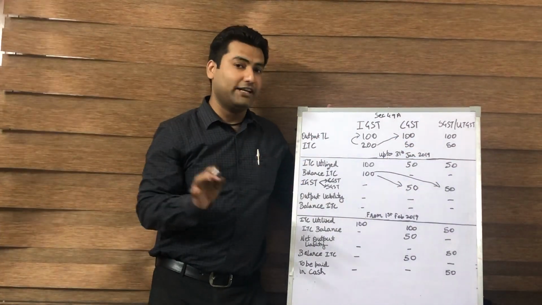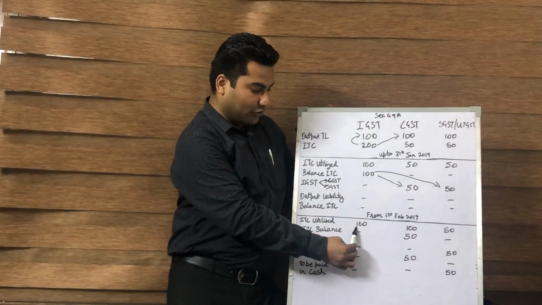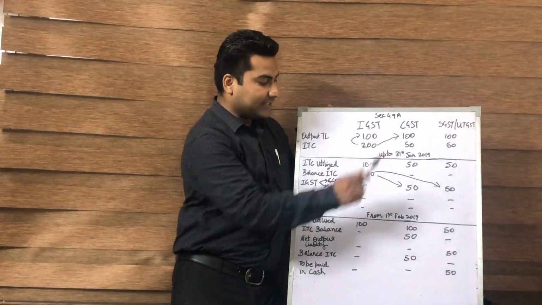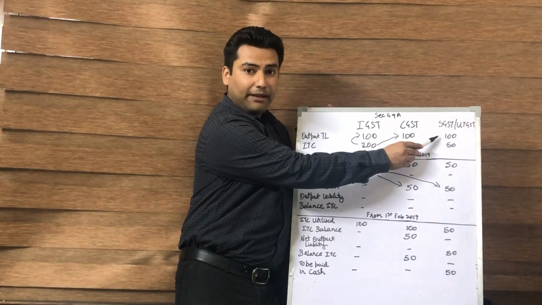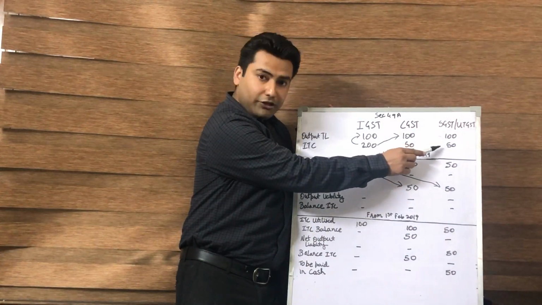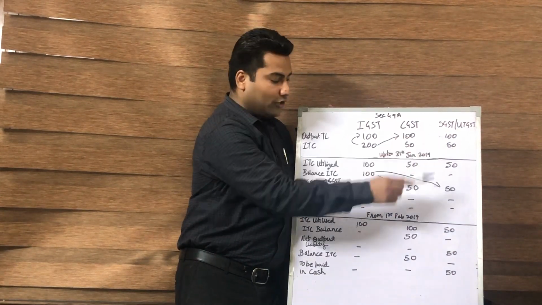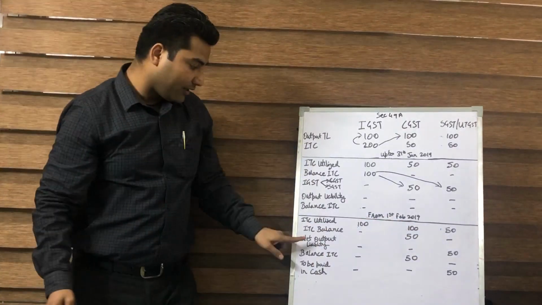In this example I do not have. So first I have utilized ITC of 100 rupees on account of IGST, 100 rupees on account of CGST, and I am left with 100. This is my output tax liability of SGST or UTGST. I have available credit of 50 rupees. I am using this 50 towards this 100.